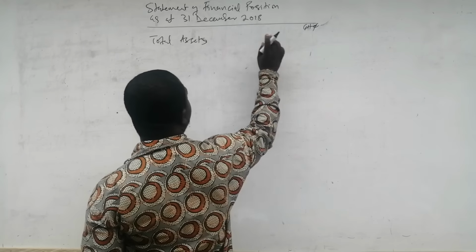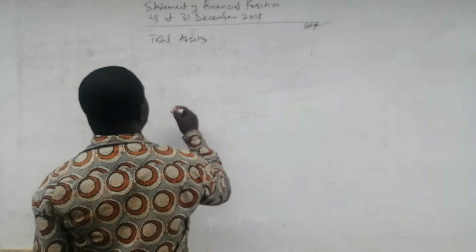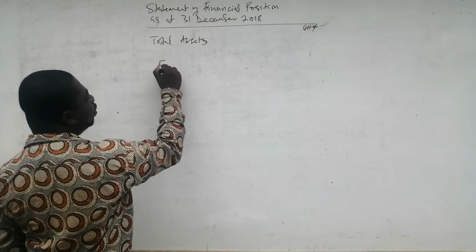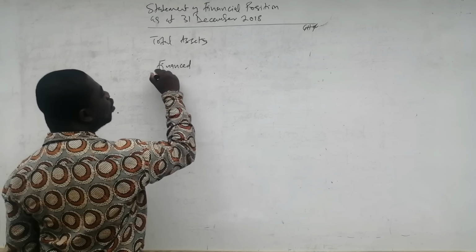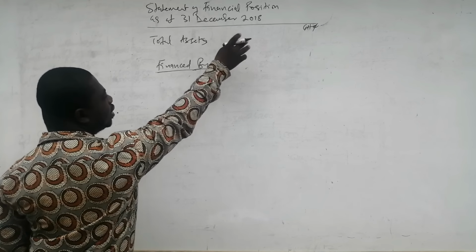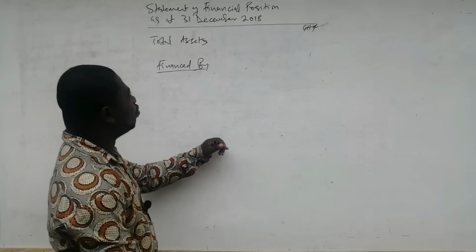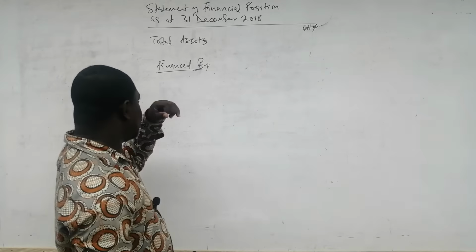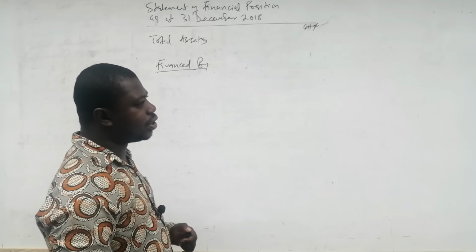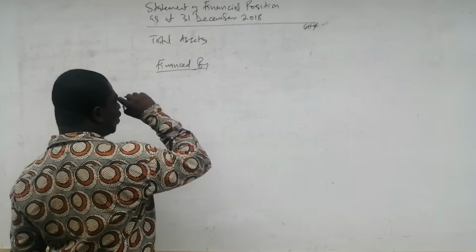So total assets, we'll come and put the figure down later. Then we move to finance by, because that is where we have to show. So we are going to finance this asset by. We are going to show how the capital and the current accounts will be arranged. So we'll start with the capitals.